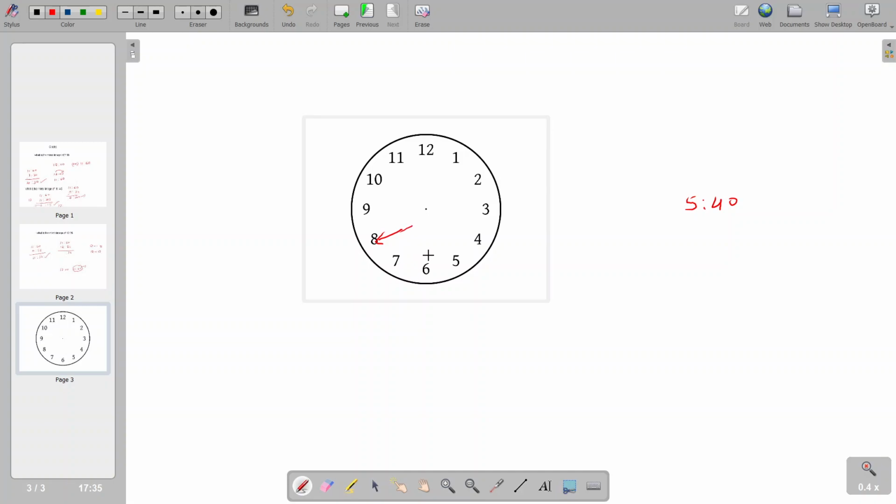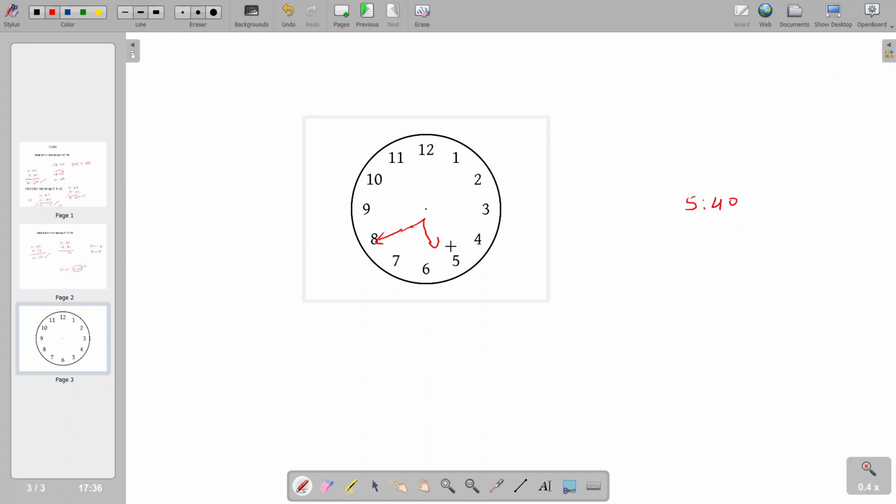This is the minutes hand, and 5:40 means the hours hand will exist in between 5 and 6.